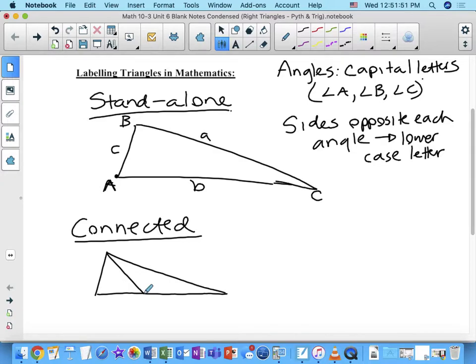And these points are, I'll call them D, E, F, and G. Now, if I wanted to talk about angle G and just use one letter for angle G, what's the problem there?